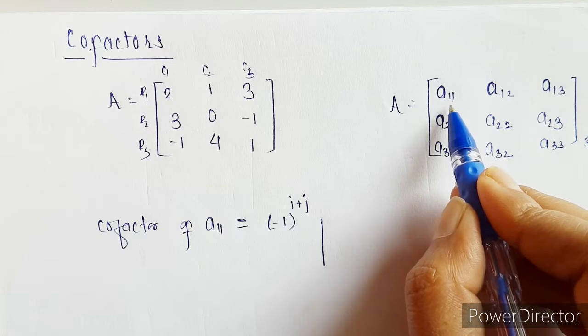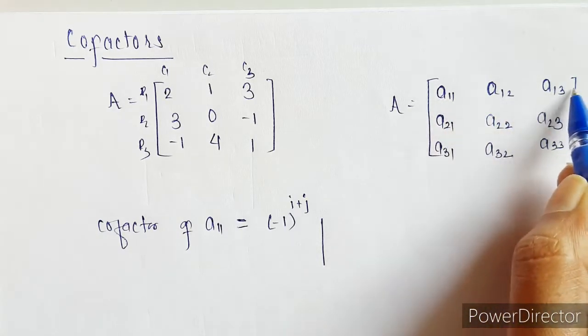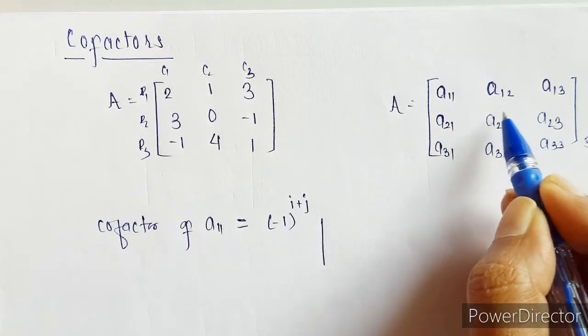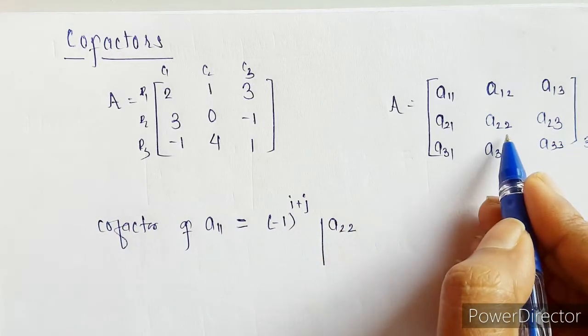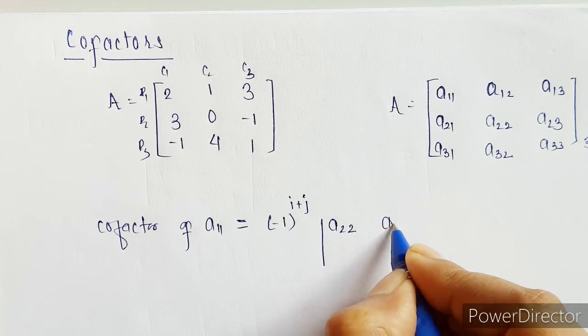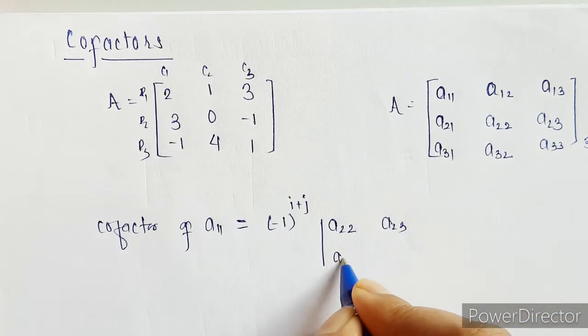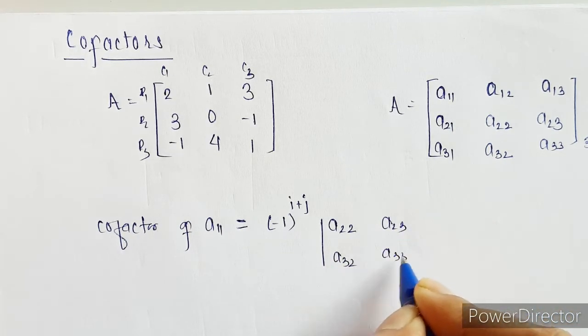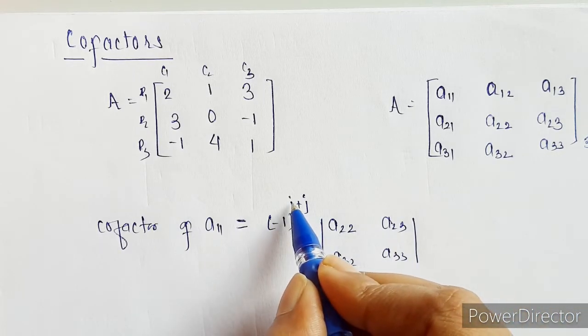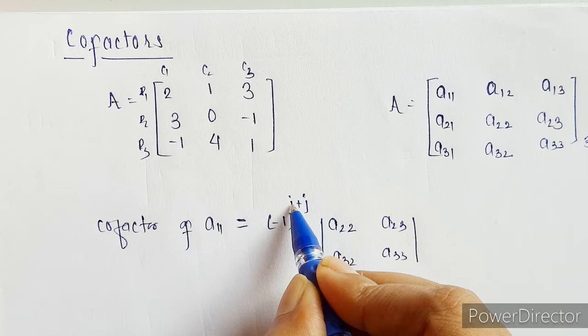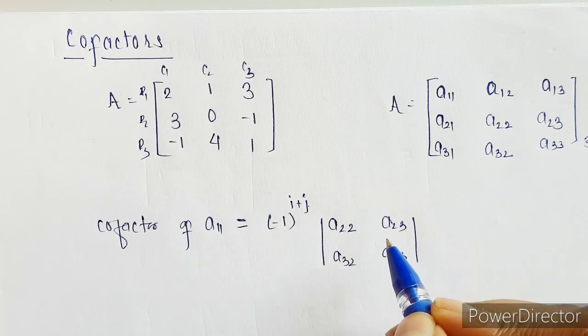If it is A11, we have to forget about the same row, same column and take the determinant of the remaining terms. Which are the remaining terms? A22, A23, A32 and A33. What is this i plus j now? i is the value of row and j is of column.